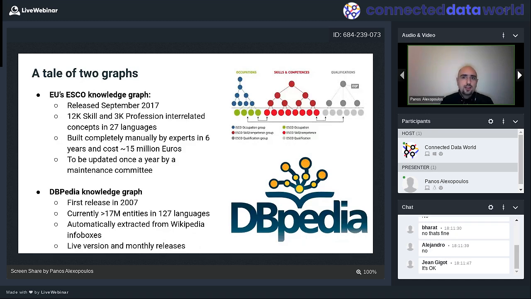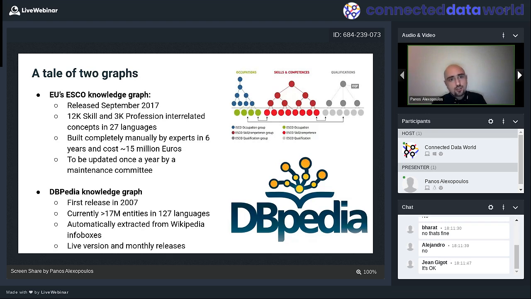It's a graph that consists of around 12,000 skill concepts and 3,000 profession concepts, which are interrelated to each other and which are available in 27 languages, for the 27 languages of the European countries. It has been built completely manually by experts in 6 years, and it cost around 15 million euros.